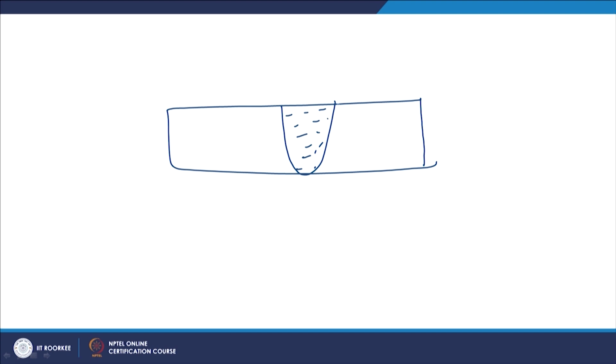So, the solidification begins at the fusion boundary and it progresses towards the center line of the weld like this. So, obviously the things which solidify first are in pure form, and the excess of the alloying elements, in case of the alloys having the wider solidification range, the alloying elements are rejected in the liquid metal.